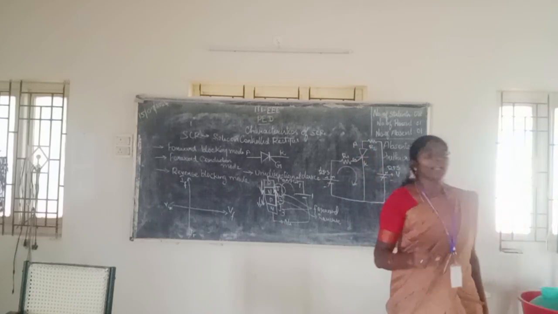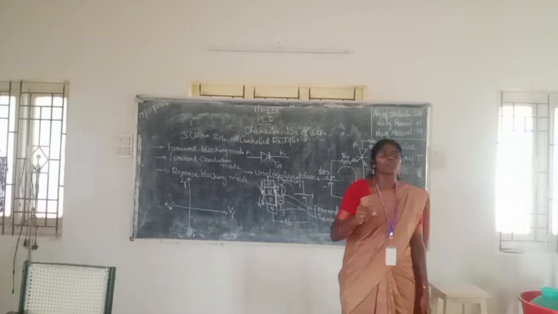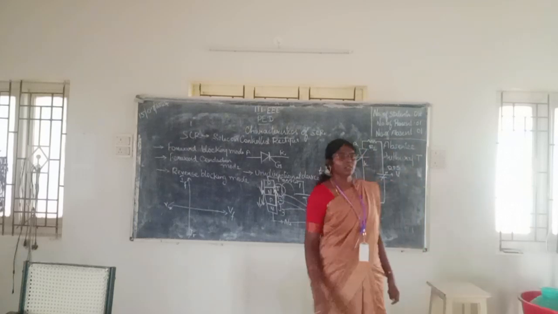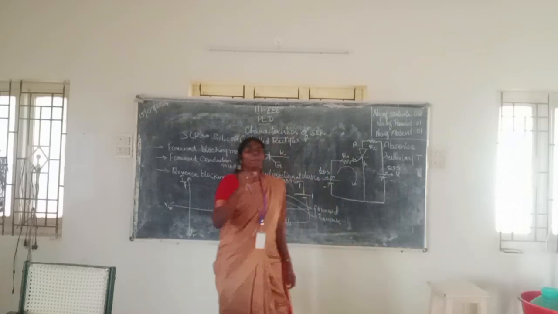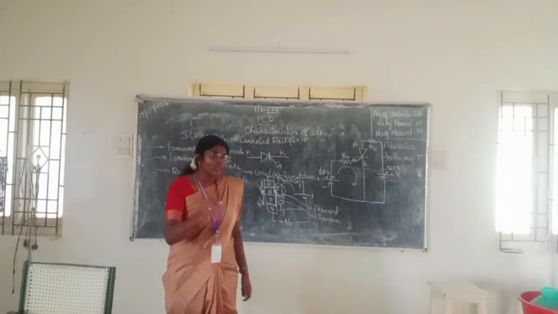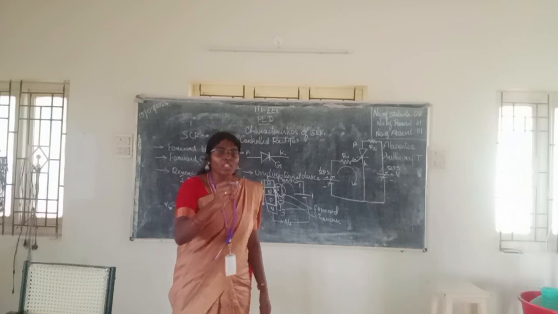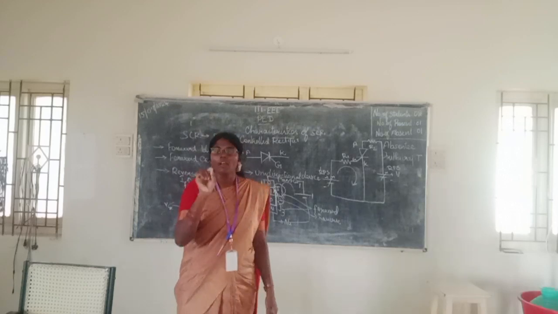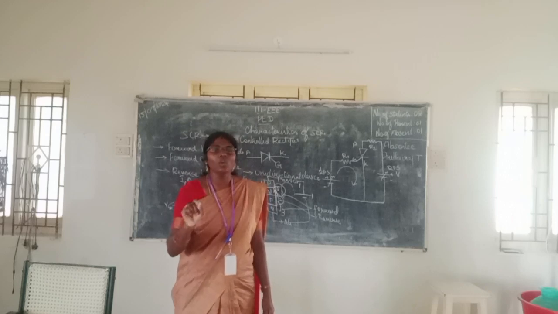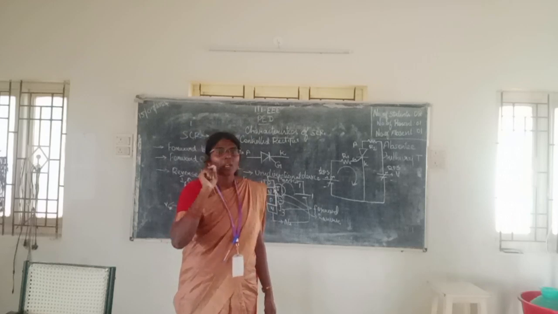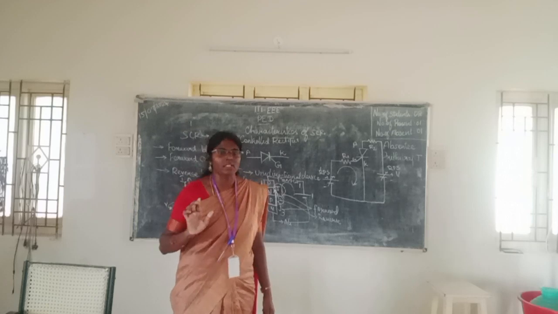So because of that, in J2 a breakover voltage occurs, or we can say the minimum voltage where the junction J2 starts to conduct. The minimum voltage when the junction J2 starts to conduct is said to be the breakover voltage.